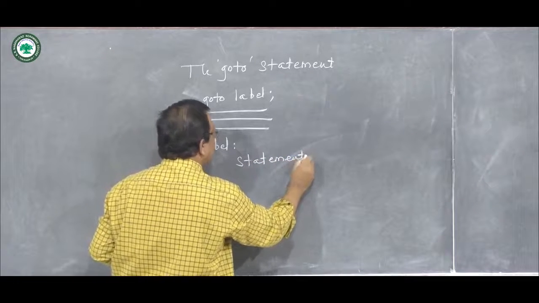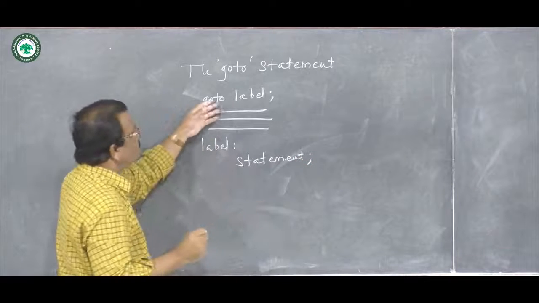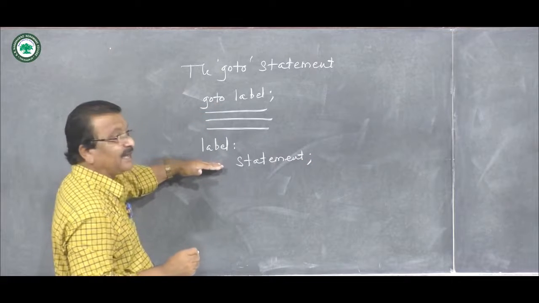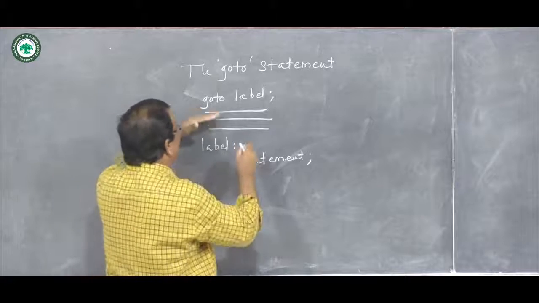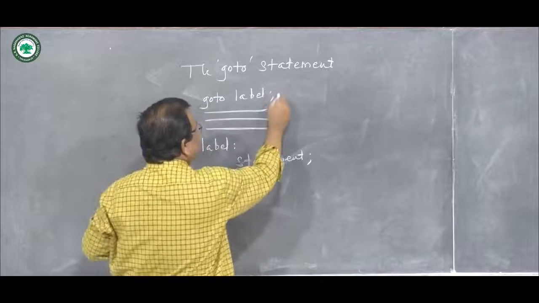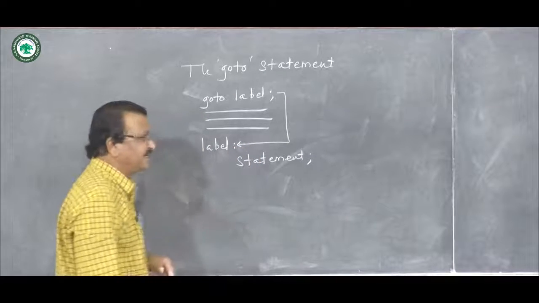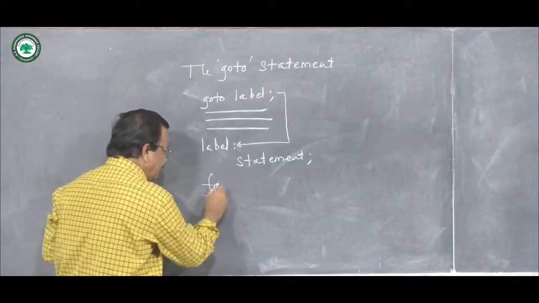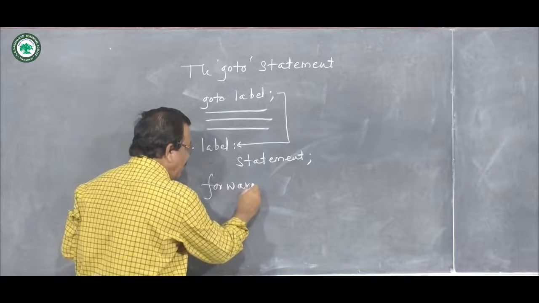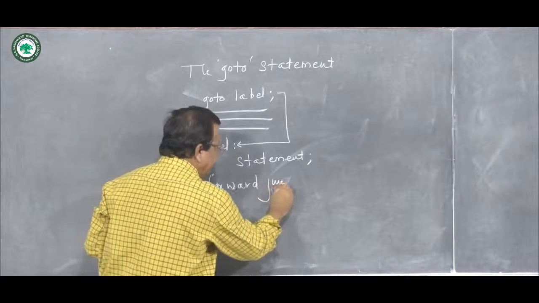So what you are observing here is goto is appearing before the target statement, and after executing this, control directly jumps to this target statement. This is called a forward jump.